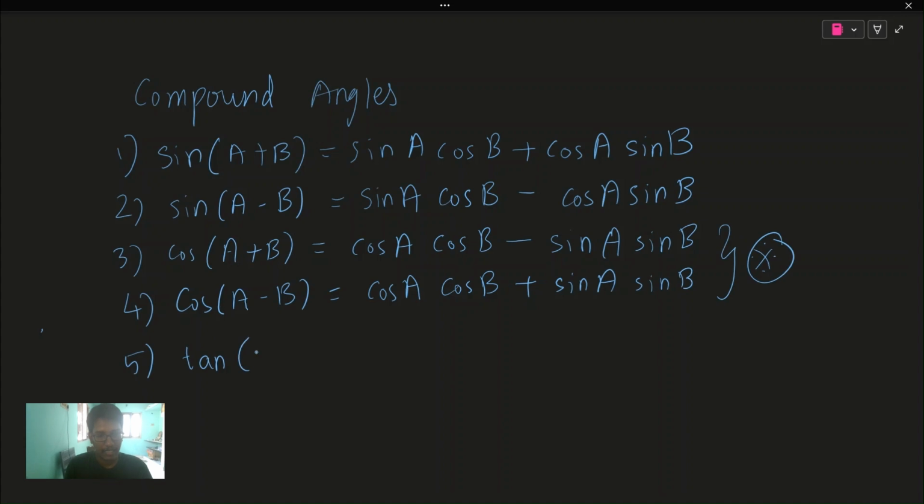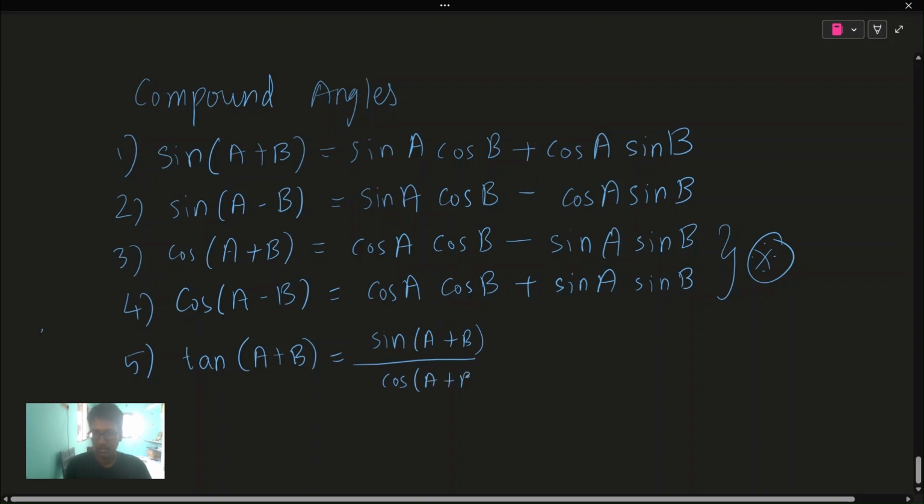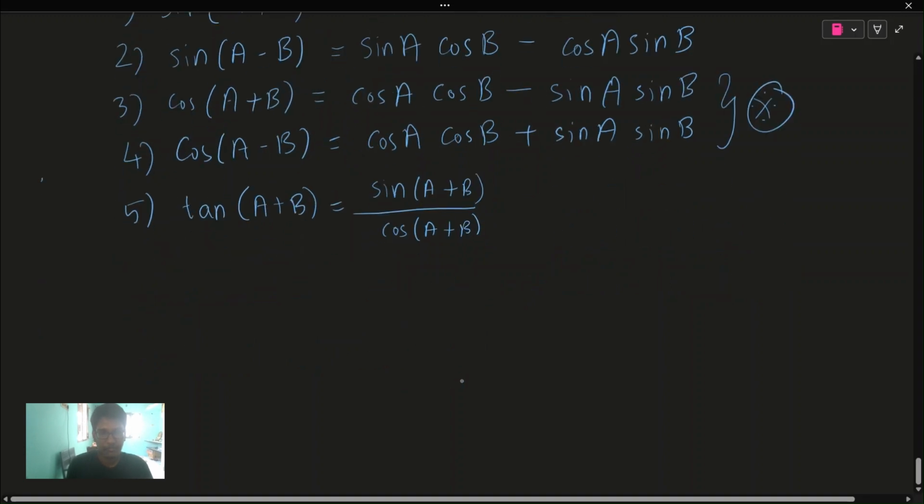So what is tan of A plus B? Tan of A plus B is sin of A plus B by cos of A plus B. You all know. And let's simplify this.